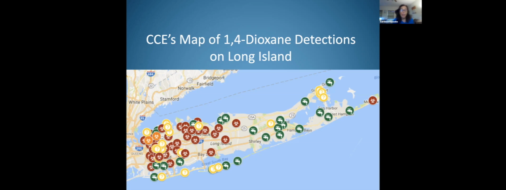So the map then, I just want to bring your attention to, there are some spots here that we knew the 1,4-dioxane was coming from legacy contamination, right? Legacy industry. But then there were data points across this map. Like if you look at Montauk, for those of you who don't know, it's the very tip of the South Fork. We call it the end. They don't have industry in Montauk, and they pride themselves on that, as they should.